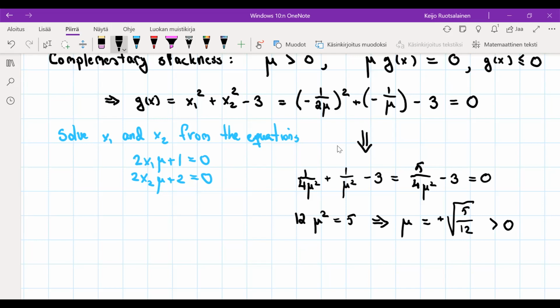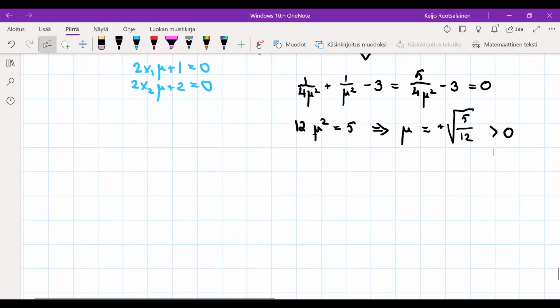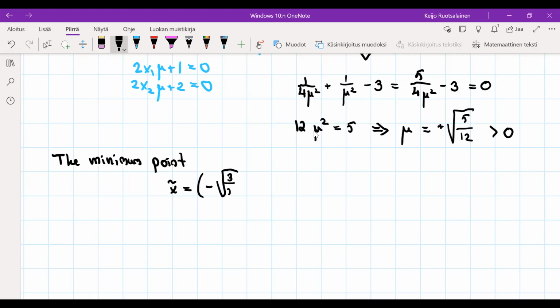So we get the minimum point. x1 is minus 1 over 2 mu, so you multiply mu with 2, and you get here minus square root of 3 over 15, and x2 is minus 1 over mu, so it is minus 2 times square root of 3 divided by square root of 5.